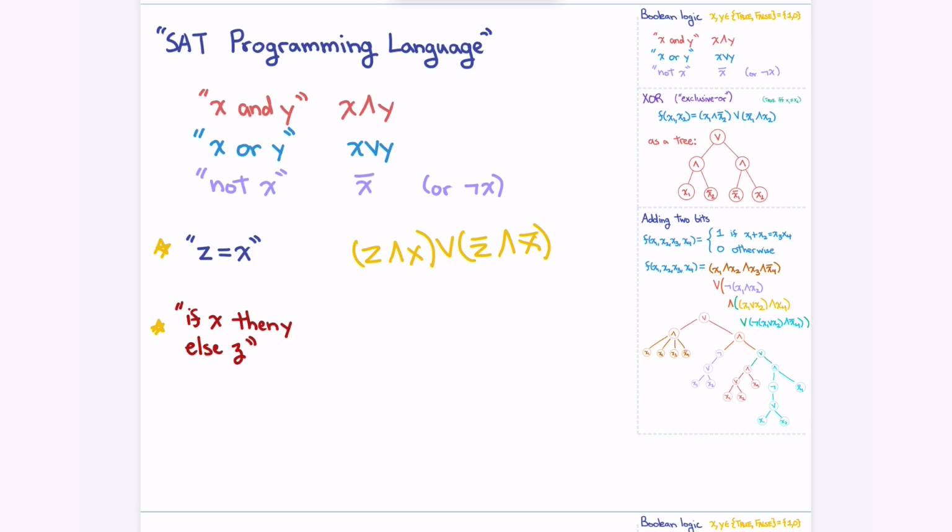Okay, how about an if-else statement? If x, then y, else z. If x is true, then our formula should return the value of y. If x is false, it should return the value of z.